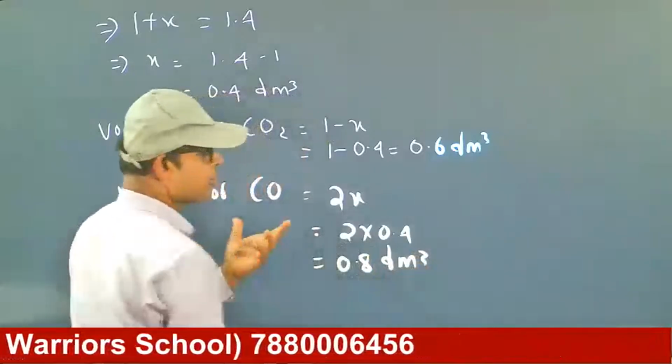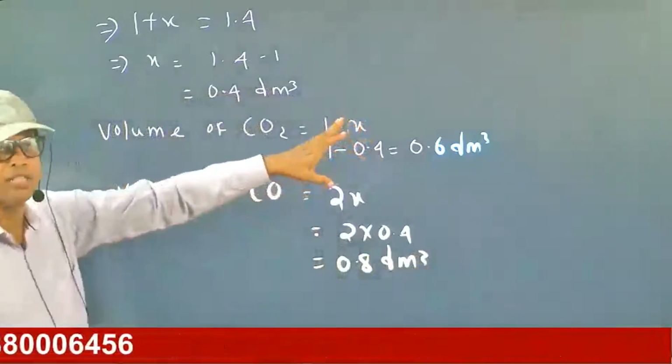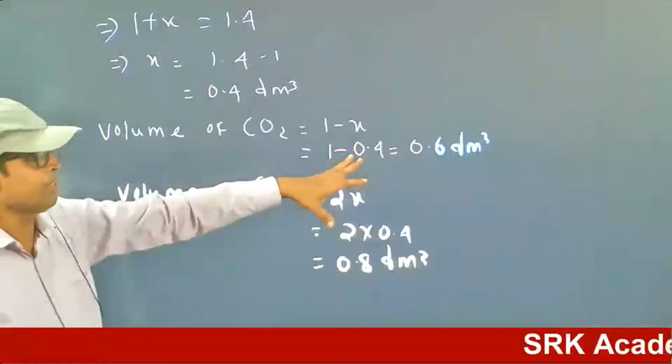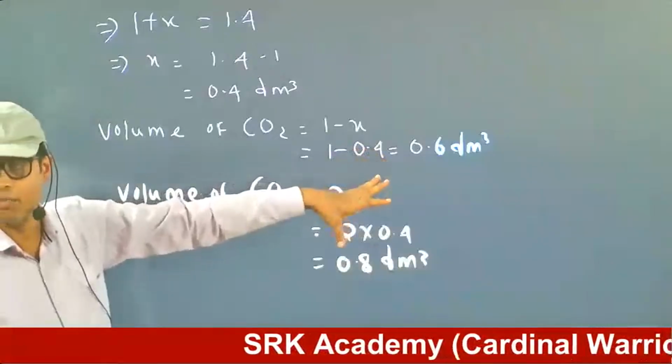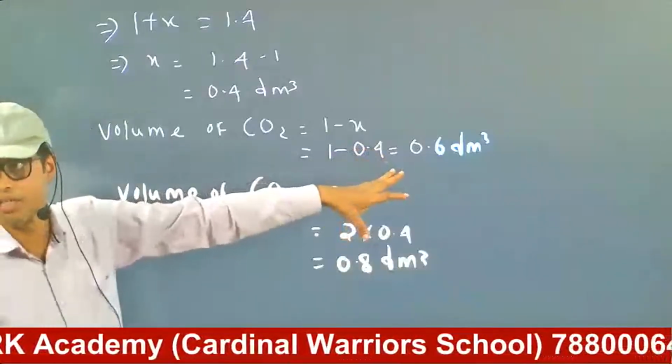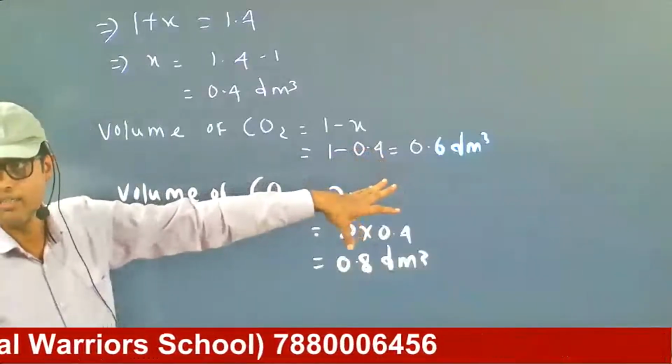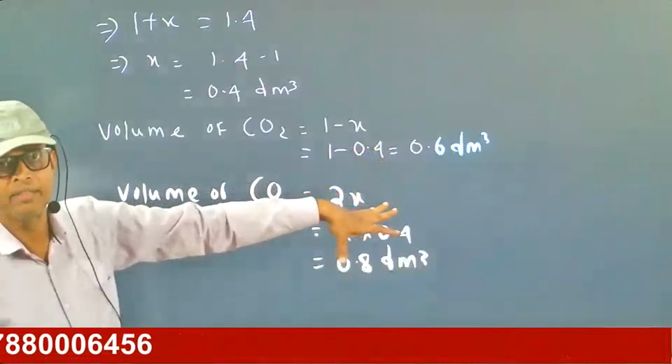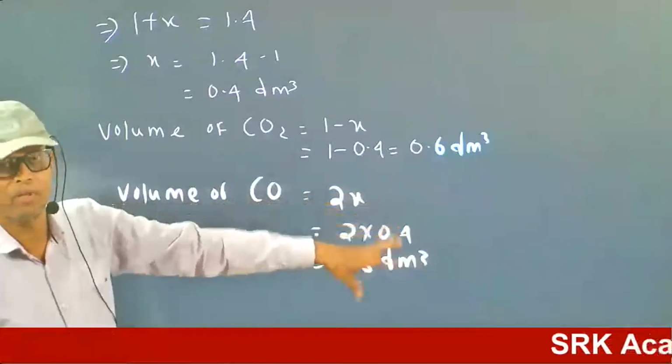So the composition of the mixture: we have 0.6 decimeter cube of carbon dioxide and 0.8 decimeter cube of carbon monoxide.